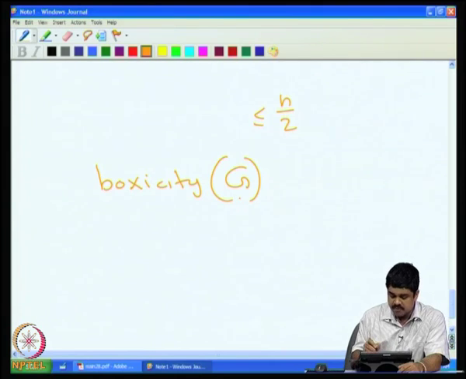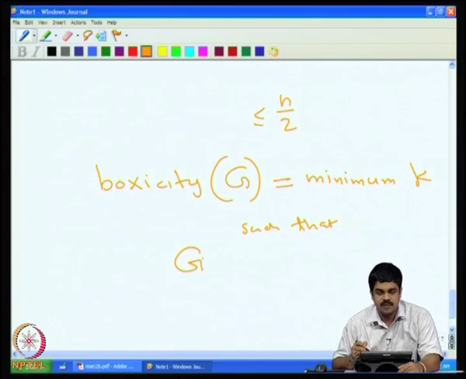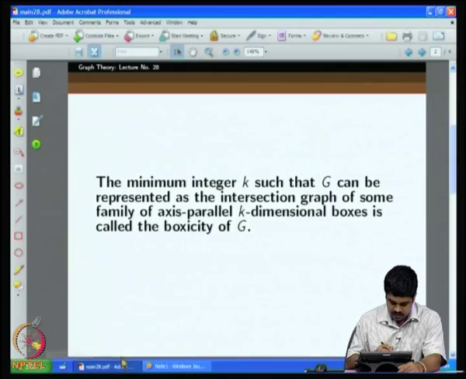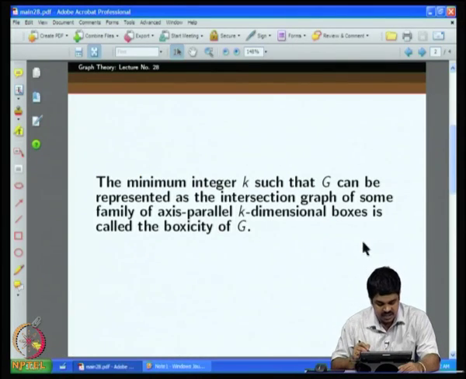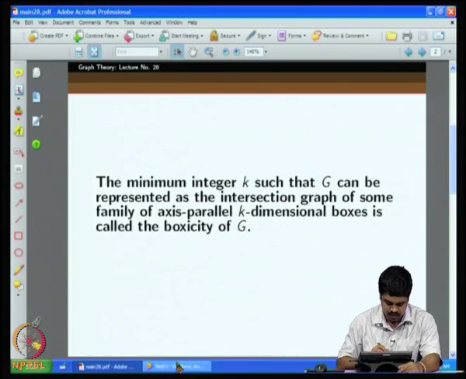That means it is the minimum integer k such that G can be represented as the intersection graph of axis parallel rectangles in k dimensional space. So, the minimum integer k such that G can be represented as the intersection graph of some family of axis parallel k dimensional boxes is called the Boxicity of G.